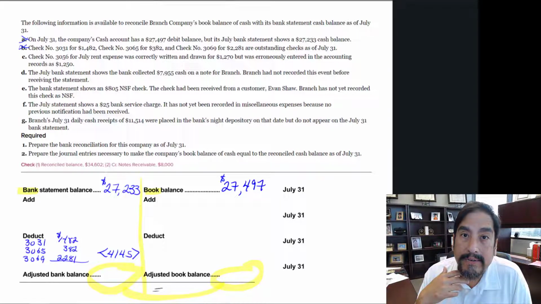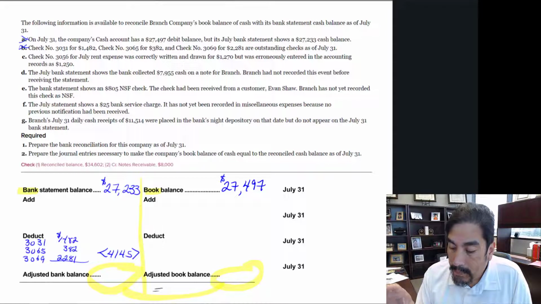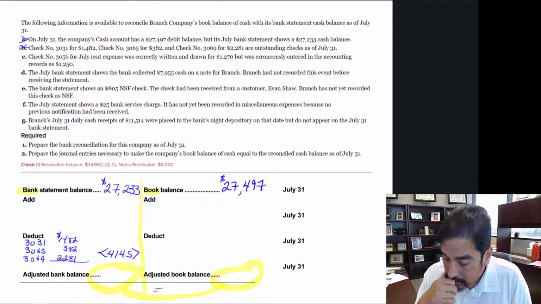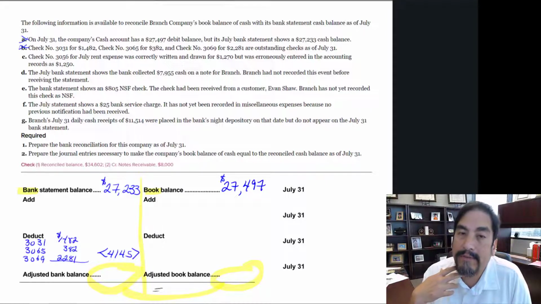Now we just need to figure out, are we adding or subtracting? Our book balance is currently $27,497. Should it be higher or lower? Let's see. The correct amount was $12.70, but it was entered into our system as $12.50.